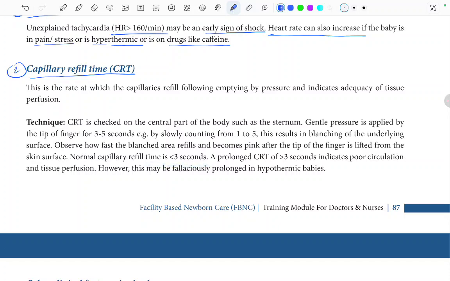A prolonged CRT of more than 3 seconds indicates poor circulation and tissue perfusion. However, this may be fallaciously prolonged in hypothermic babies also. So, babies who are in hypothermia can also have a prolonged CRT.